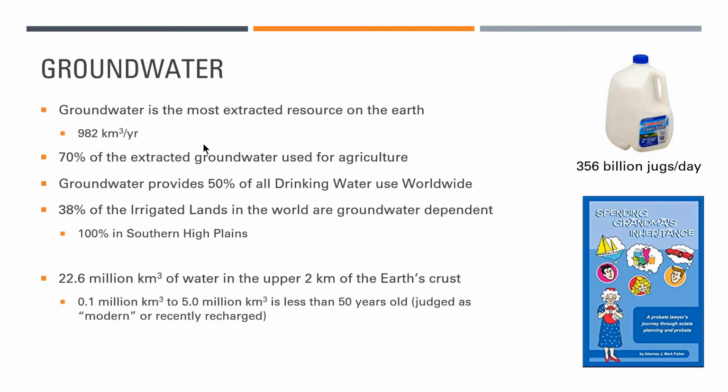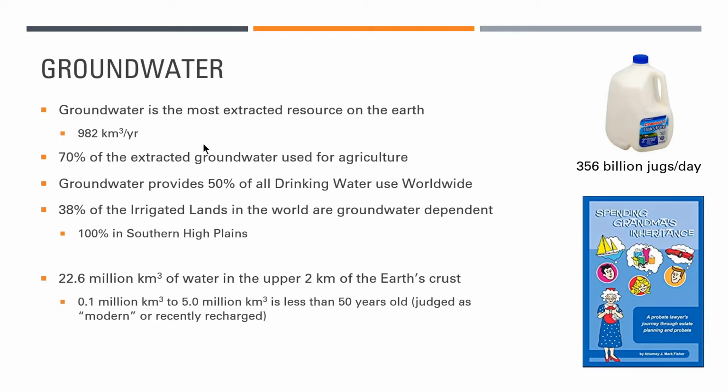If you look at the water that's underneath the earth, there is about 22.6 million cubic kilometers of water in the upper 2 kilometers of the earth's crust, but a very small fraction of it is actually less than 50 years old. So a lot of that groundwater was deposited over millions of years.